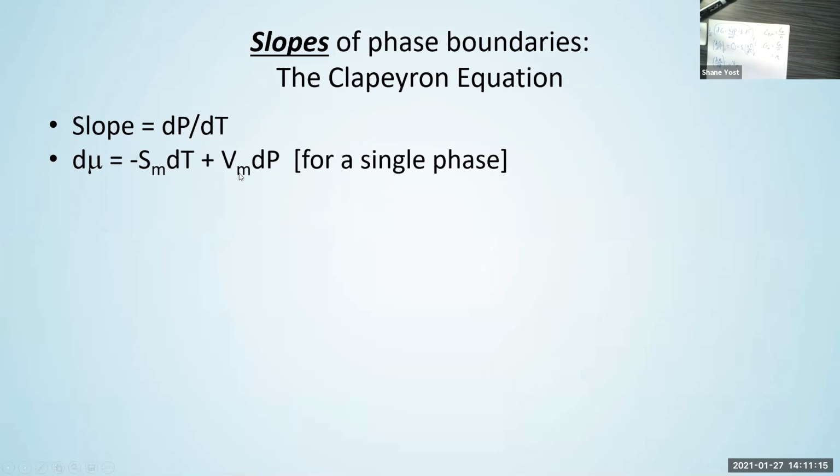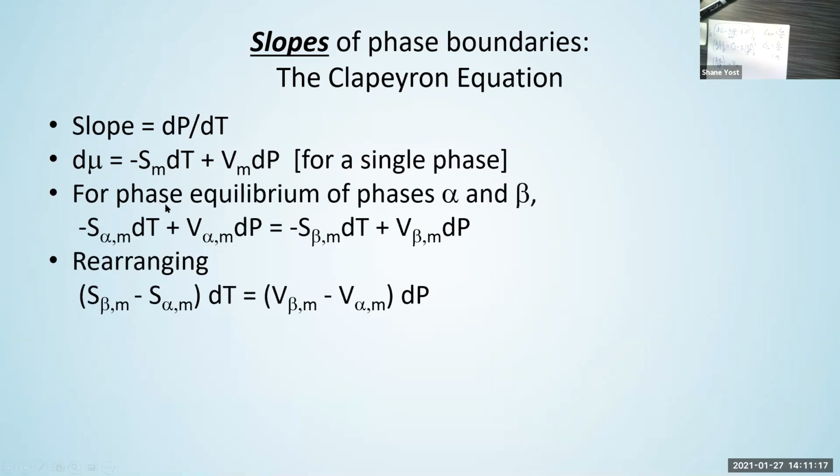So as before, if we're at some phase boundary and I change the temperature some amount and the pressure some amount, if I want to maintain myself at that same phase boundary, this change in temperature times the molar entropy of the alpha phase plus the change in pressure times the molar volume of the alpha phase has to equal that change in temperature times the molar entropy of the beta phase plus the change in pressure times the molar volume of the beta phase.